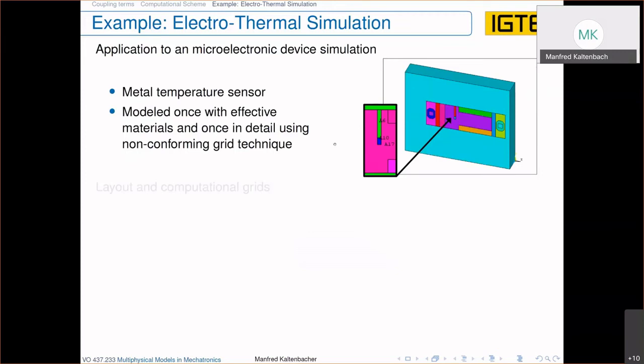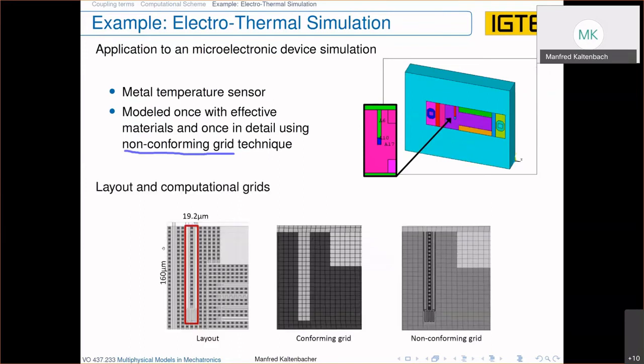So when you fully resolve all details, you end up in a too large computational mesh. And what we applied there was so-called non-conforming grid techniques, which I will just show you on the next slides. So you can see here the layout.